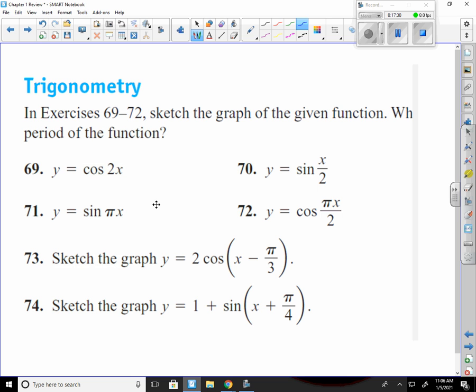So if I look at one like number 73, 2 out front changes my amplitude. So my amplitude now becomes 2. My phase shift is to the right by pi over 3.